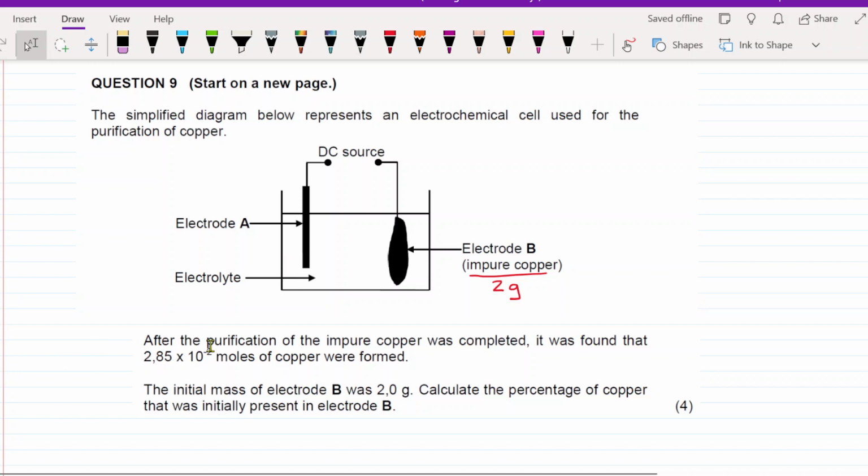They said after the purification of impure copper was completed, 2,85 times 10 to the power negative 2 moles of copper were formed. So we do have the number of moles of copper that were formed.